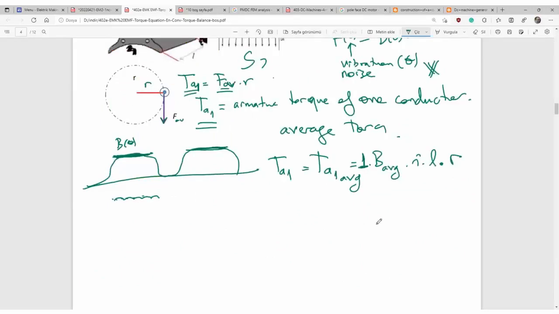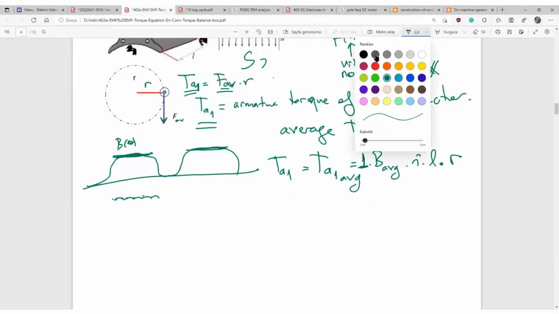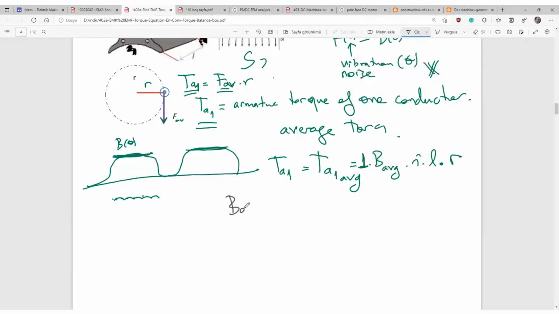Okay, we know the average B, which is number of flux lines around the pole over cross section of pole, which is 2 pi r L over 2 p, and here's P pole. Let me substitute T average here.